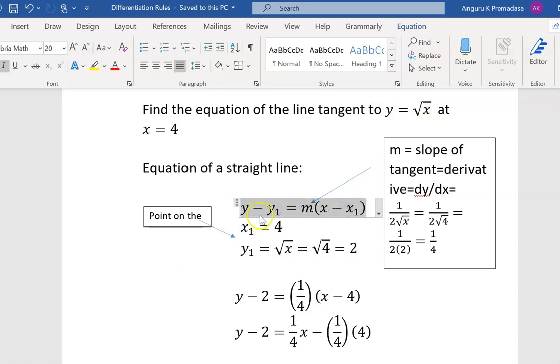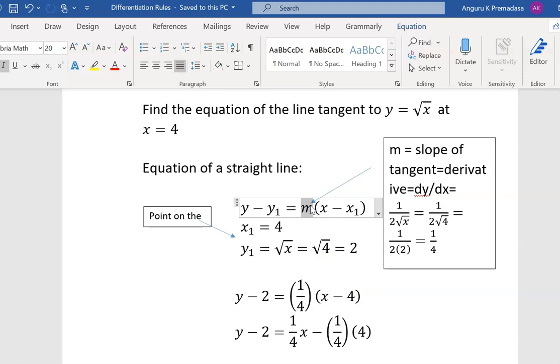So we already know what x1 is, right? Okay, x1 is 4. And y1 you can find by plugging in 4 to this. So if you plug in 4 to this, you get square root 4, which is 2. So y1 is actually 2 and x1 is 4, but the question is, what do you put for m?